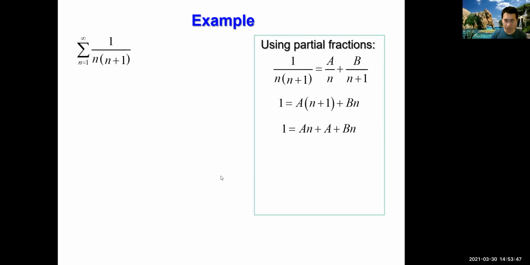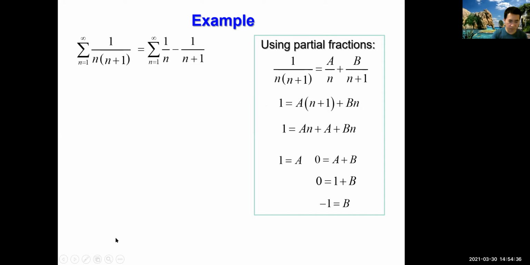The reason we want to do the partial fractions is that for this series, the partial sum is easy to compute. If you think about this, what does the first term look like? Remember, this is your a sub n.